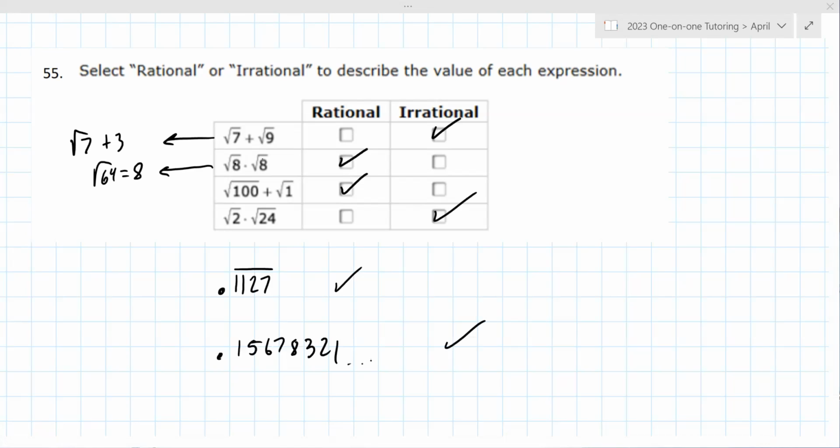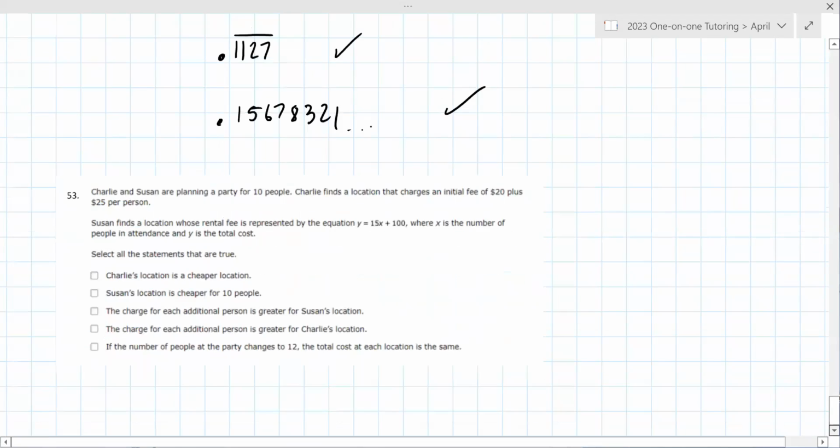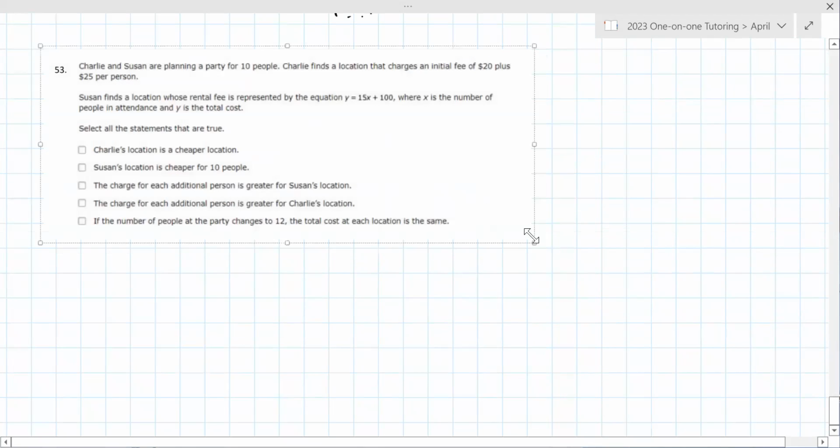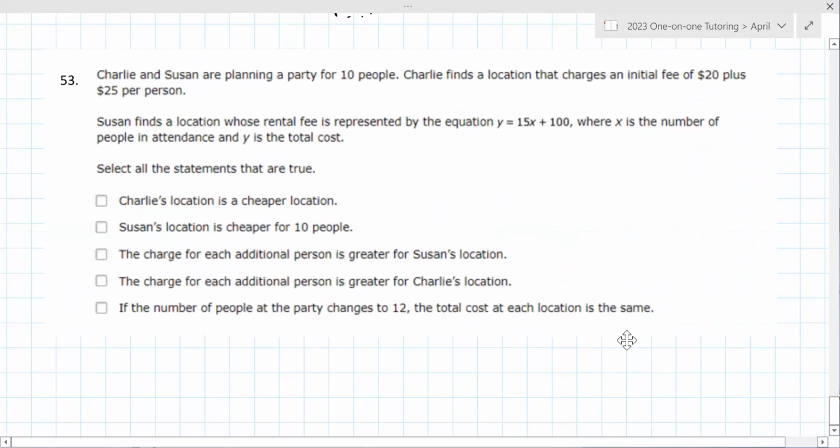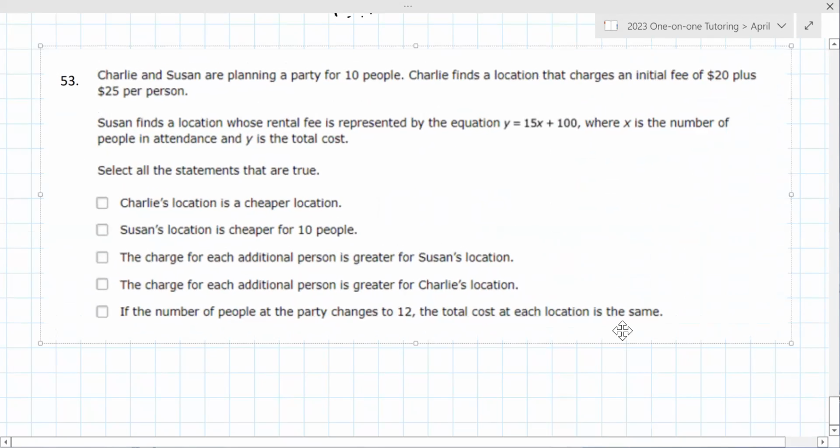Okay, let's go back and do number 53. Charlie and Susan are planning a party for 10 people. Charlie finds a location that charges an initial fee of $20 plus $25 per person.